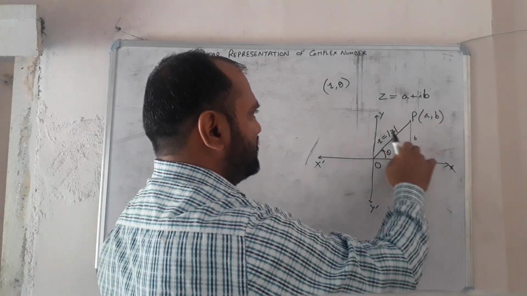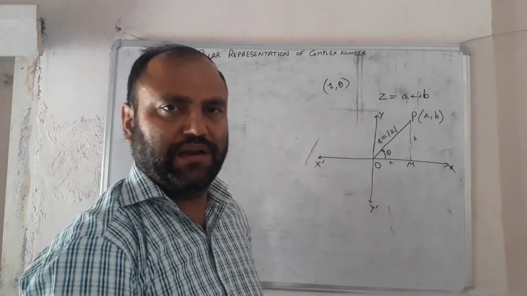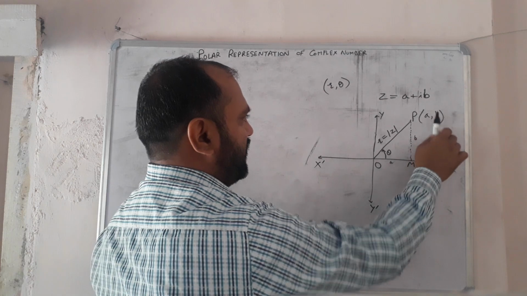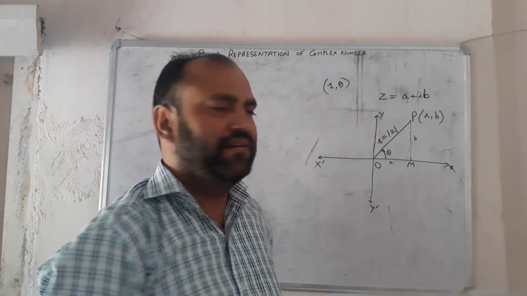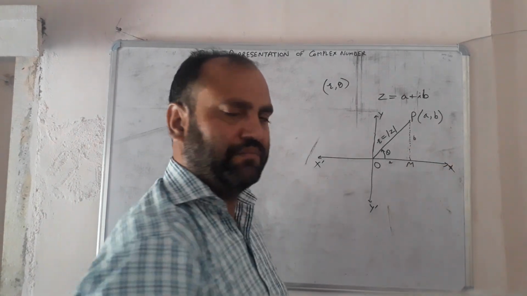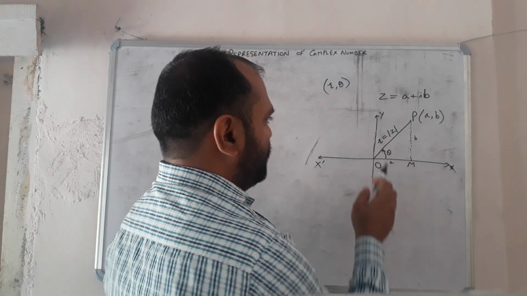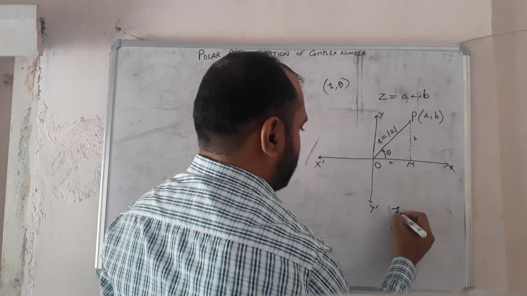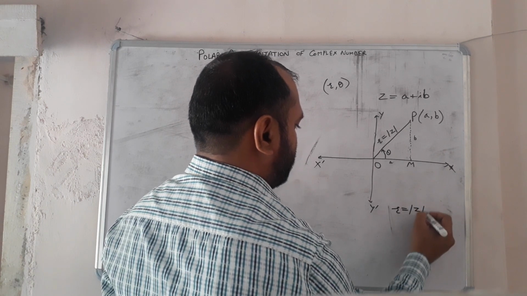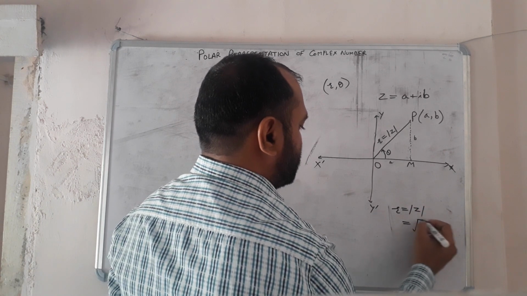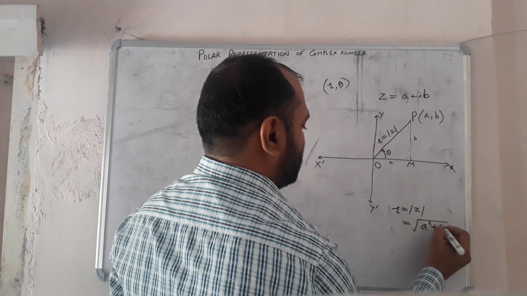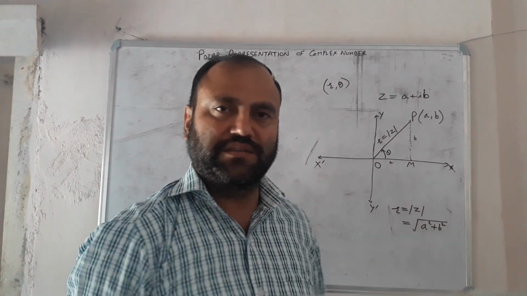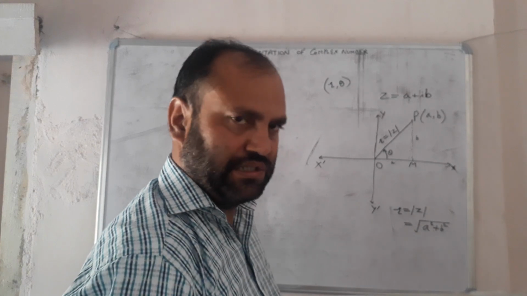So as this lies in first quadrant, both a and b are positive. We are considering that this a and b are positive, right? As you know, this r means modulus of complex number, and you know its formula is square root of a square plus b square. We have done it.